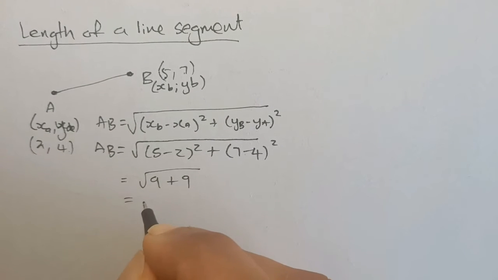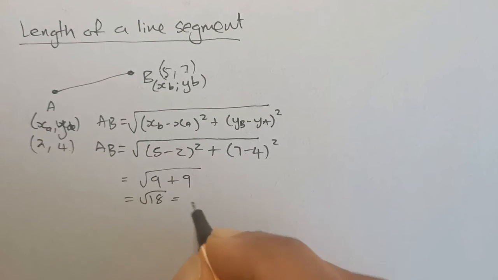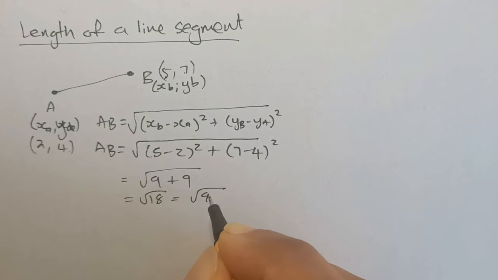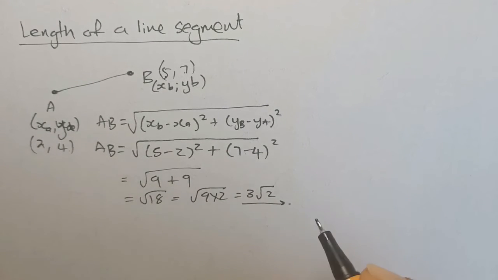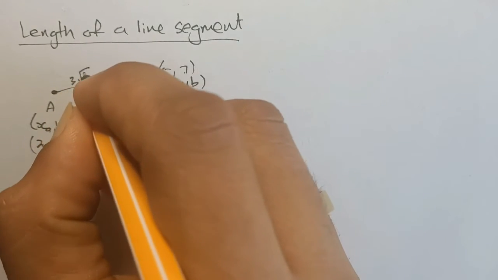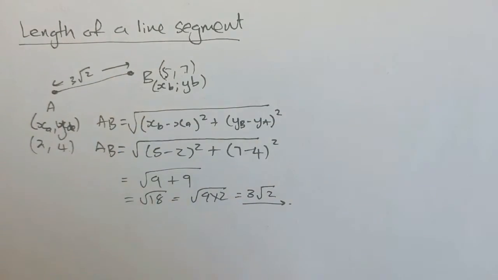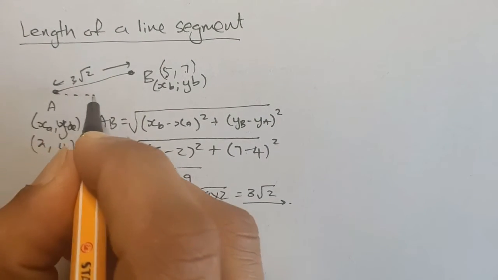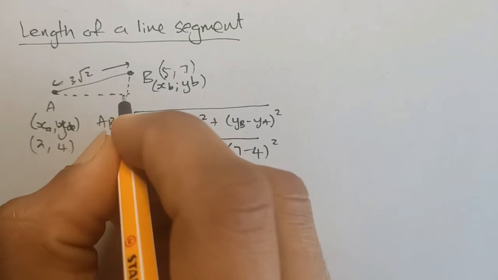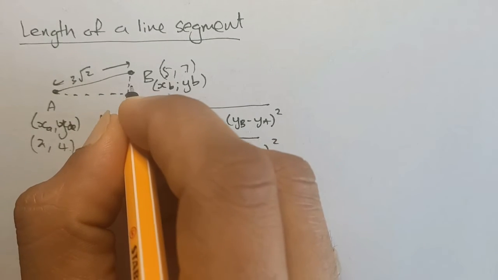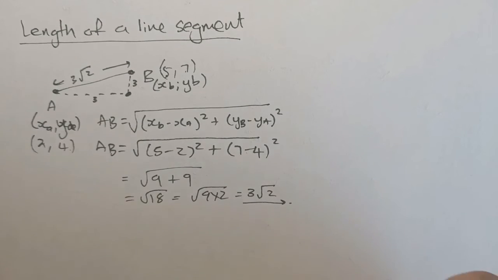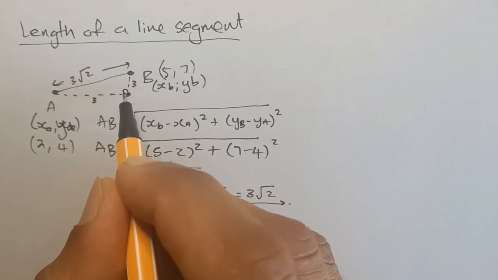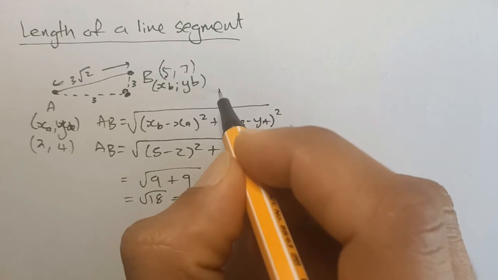So the square root of 18, which is the square root of 9 times 2, which can be written in simplest form as 3 root 2, and that would be the length of this line. If you look carefully, you can see that we have found this length to be 3 and this one 3. Obviously I haven't drawn it to scale, but technically what we're doing is Pythagoras' theorem.